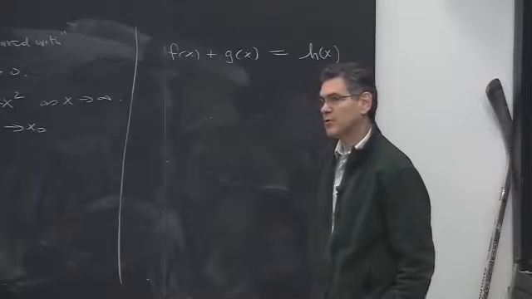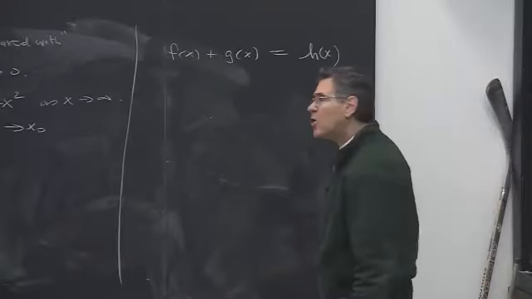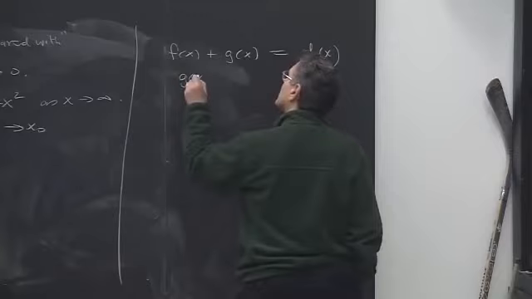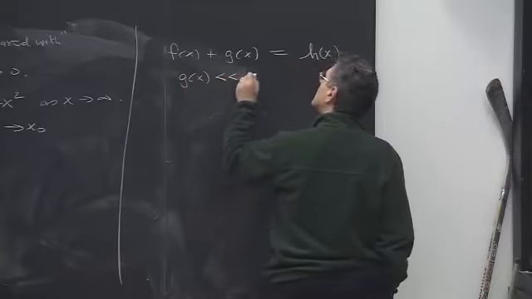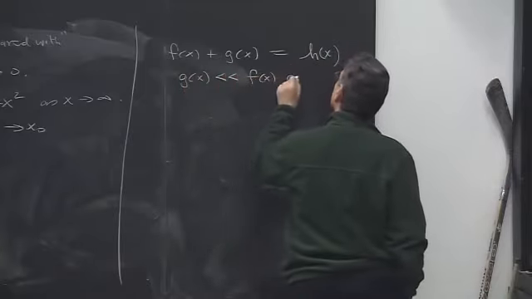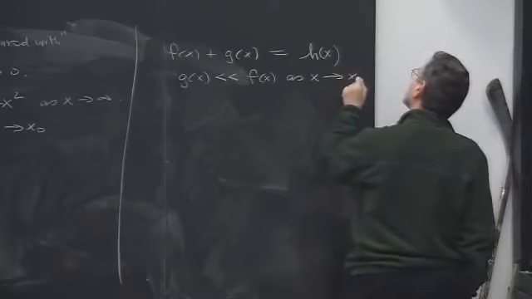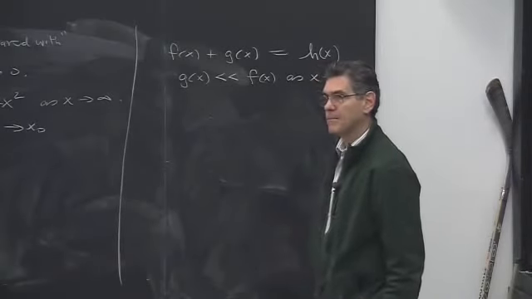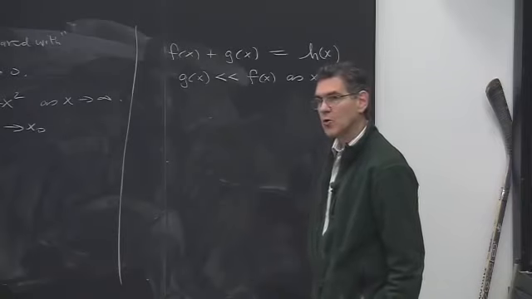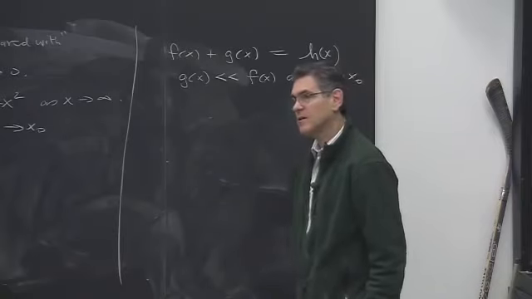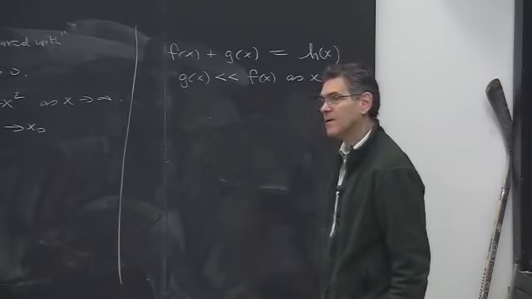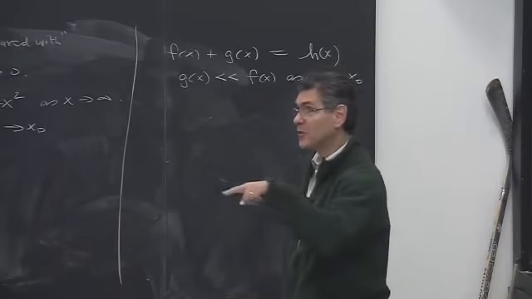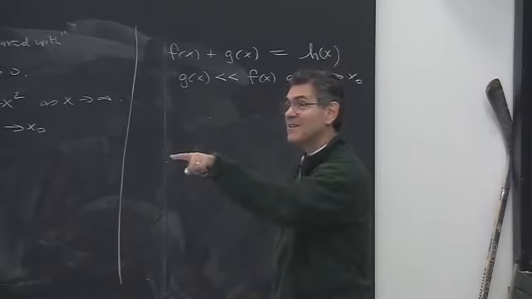Suppose you have such an equation, and suppose g of x is negligible compared with f of x as x approaches x naught. Suppose that's true. What can you then say? I heard you say it exactly right. Somebody whispered it for them. F is asymptotic to h.